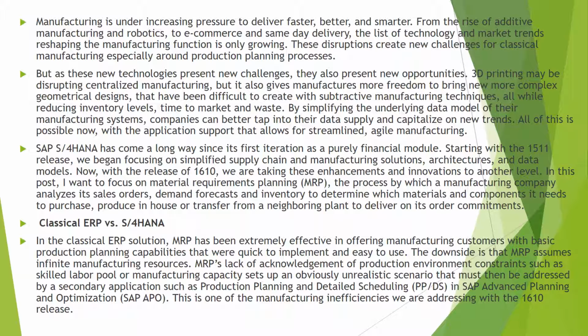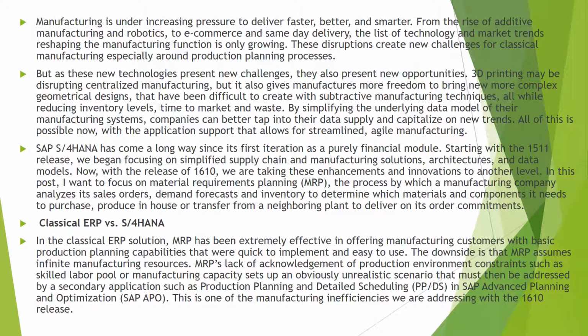By simplifying the underlying data model of their manufacturing systems, companies can better tap into the data supply and capitalize on the new trends. All of this is now possible with the application support that allows for streamlined agile manufacturing, which can be possible with SAP S/4HANA.